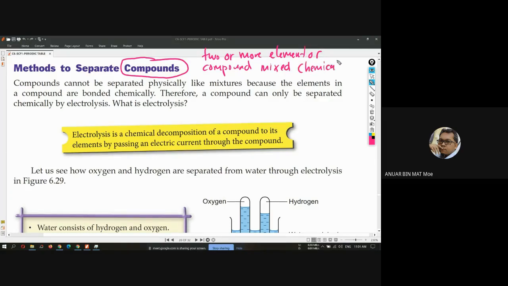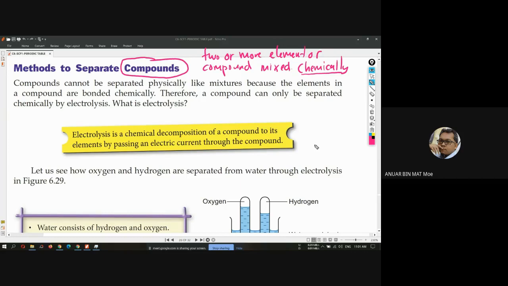You still remember? Chemically means that the elements or the molecules or the compounds that combine together create a very strong bond. Mixture means physically mixed. For example, water compound and salt compound. When you put the salt inside the water, and the salt dissolves in the water, we call it a mixture.